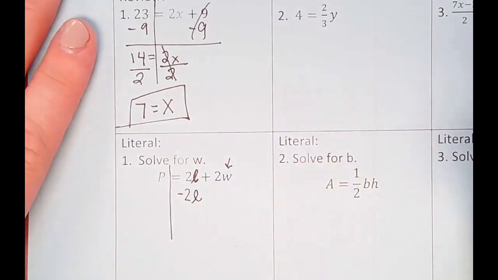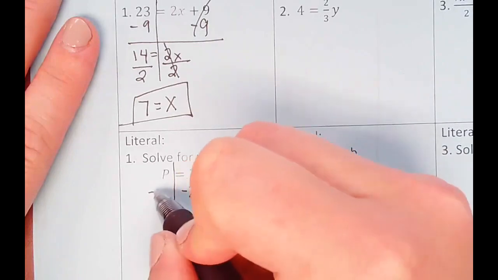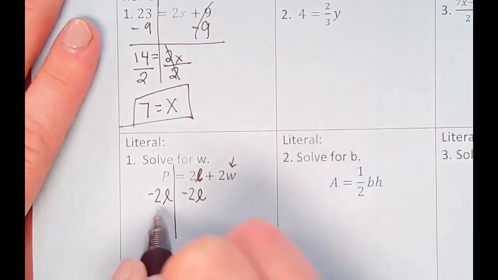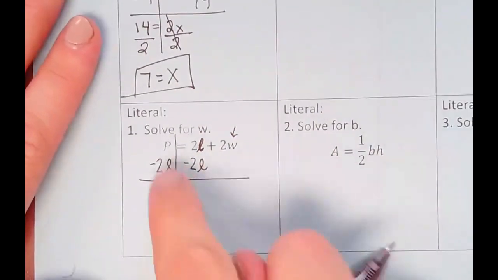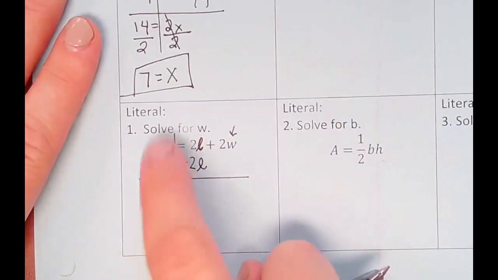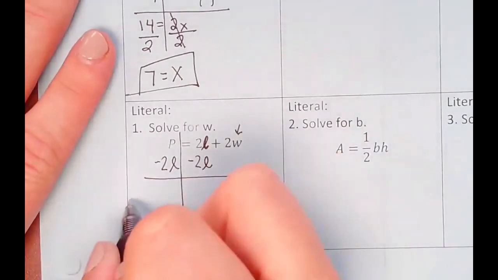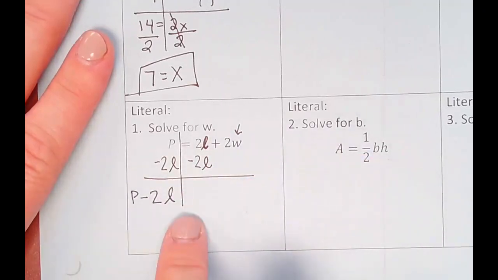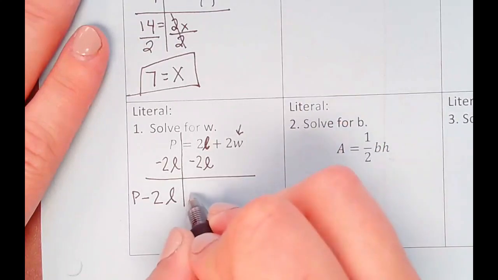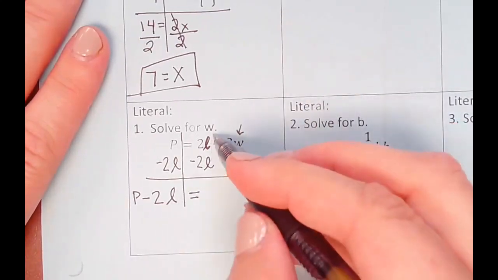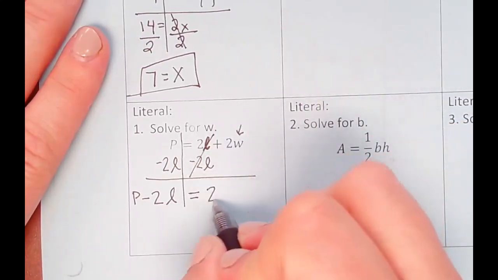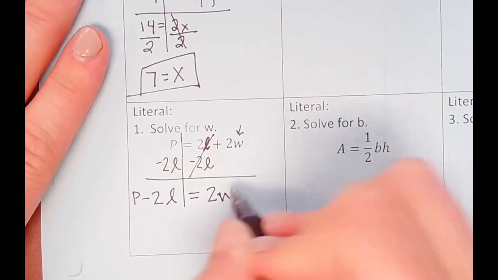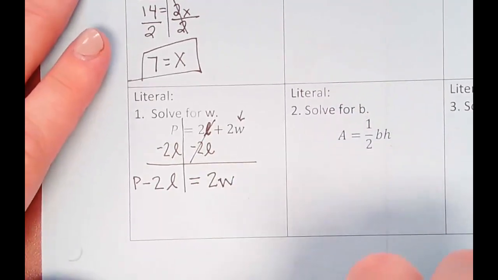Still don't have W all alone yet, so I can divide both sides by 2. So I have on the right side W, these two cancel, equals P minus 2L over 2. I would accept that as your final answer. Or you can go one step further.